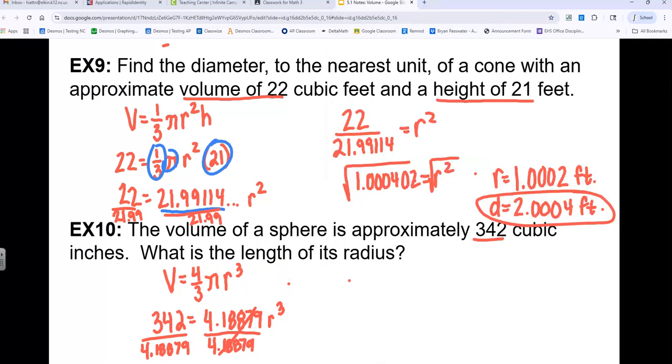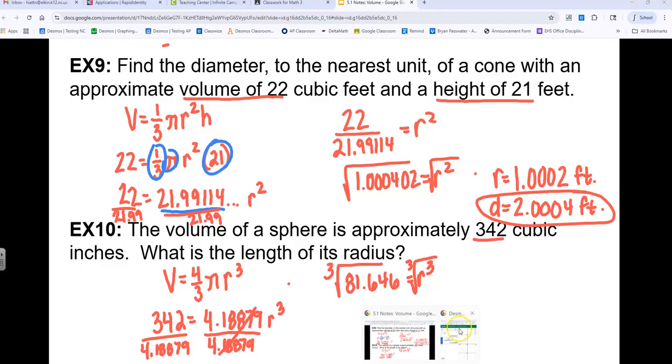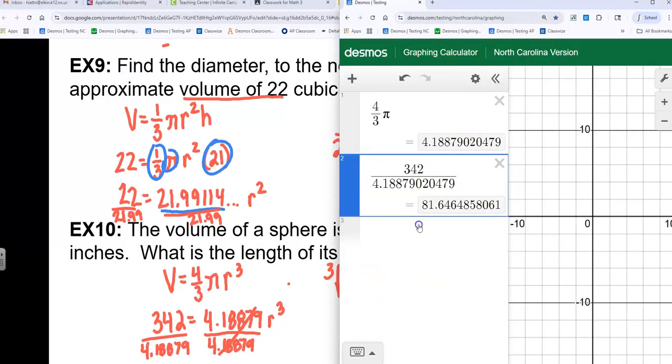That's still r cubed, right? 81.646 is my r cubed. How do I get rid of a cube? Cube root. So I will cube root this, not a square root, but cube root here. And so I need to cube root.